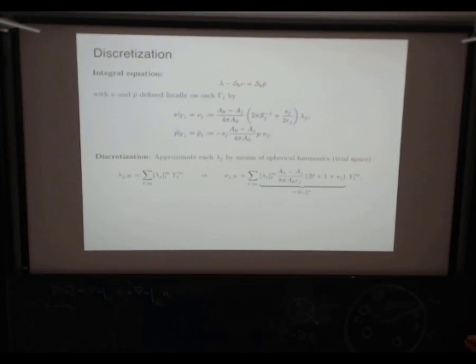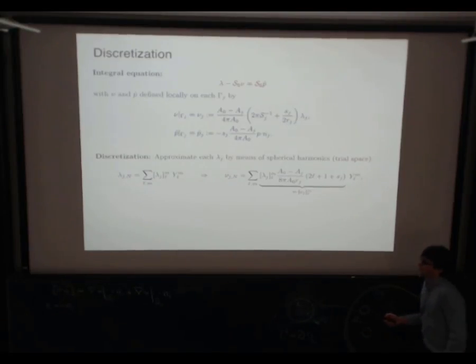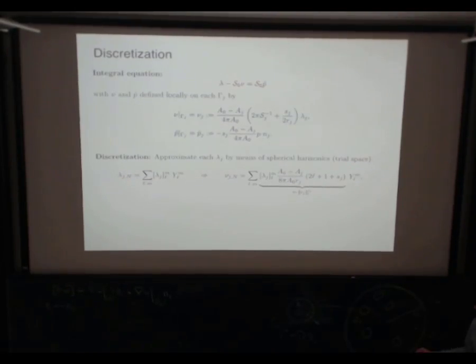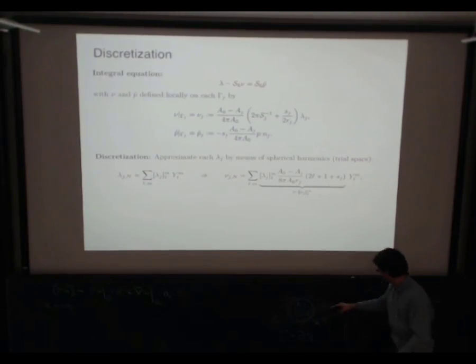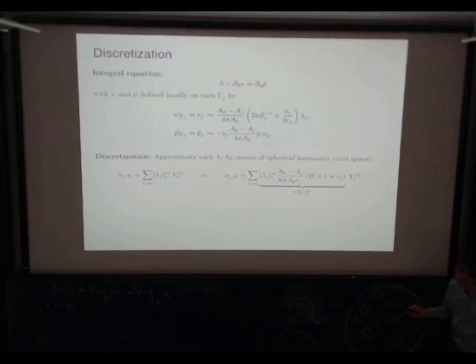So now you can discretize that. That means lambda j you can write as a series of coefficients times spherical harmonics. Because now each interface is spherical, the large one or the small ones. So you can have some kind of a spectral approximation of your density on the interface in terms of development of spherical harmonics.